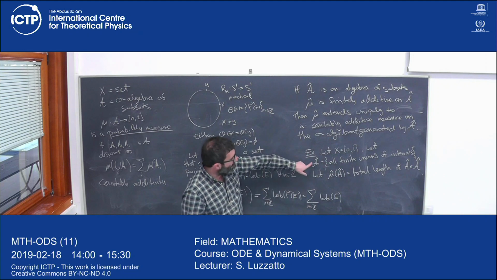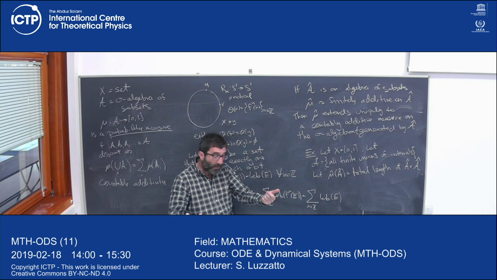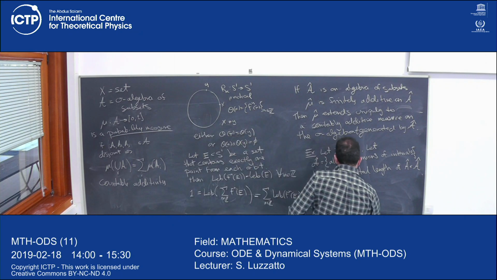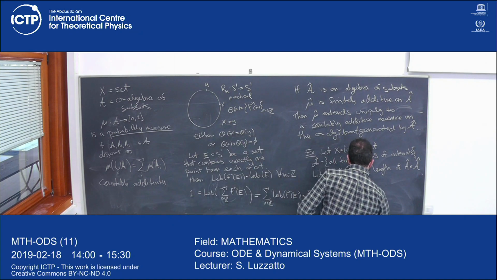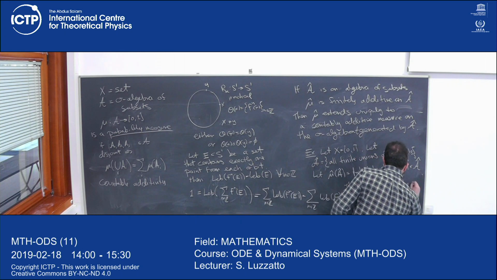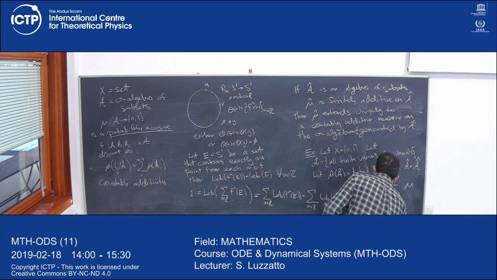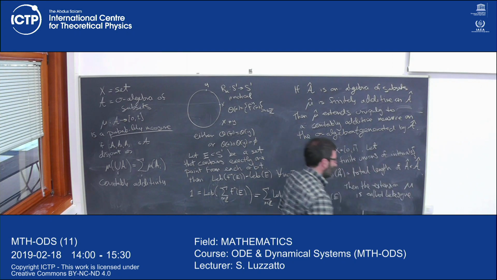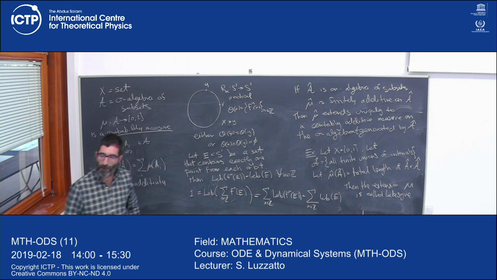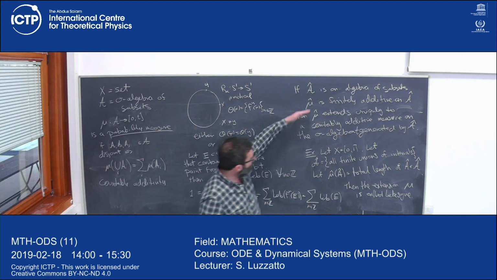So if I take a set inside here, this is just a finite union of intervals, so I can take its length. Okay, and then the extension mu is called Lebesgue measure.